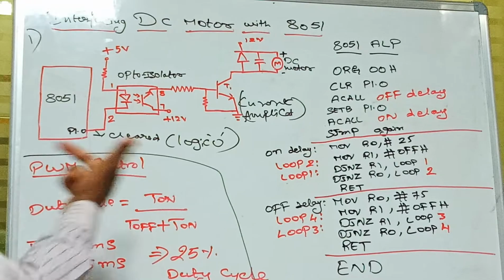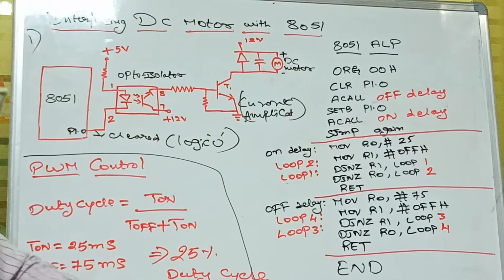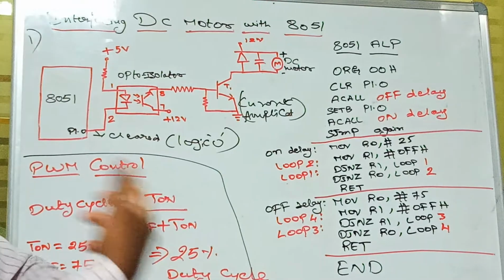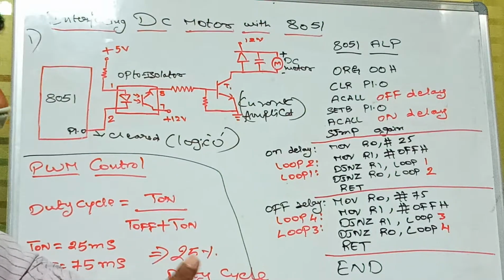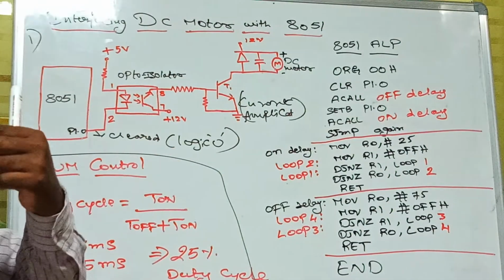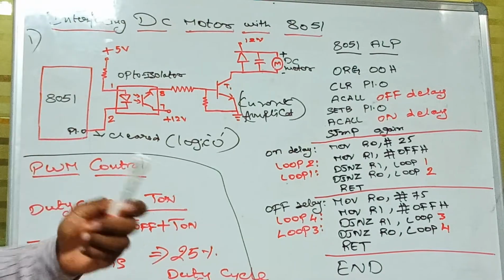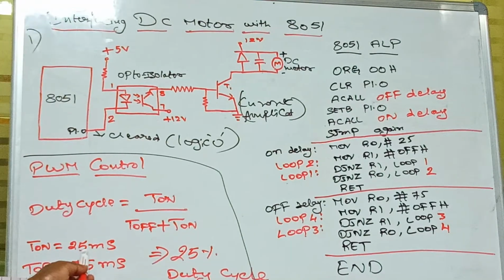After this, once again it gets toggled. Means alternatively the DC motor starts to turn on and turn off. Once it is turned off, once again the cycle repeats, turn on and turn off. To turn on, I have given 25 milliseconds, and to turn off, I have given 75 milliseconds. Total, the duty cycle is 25%.